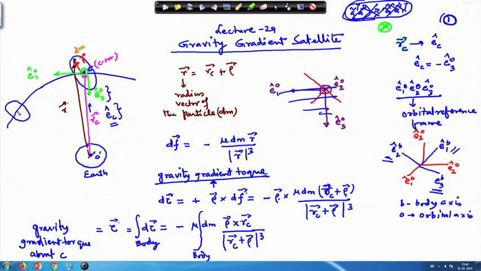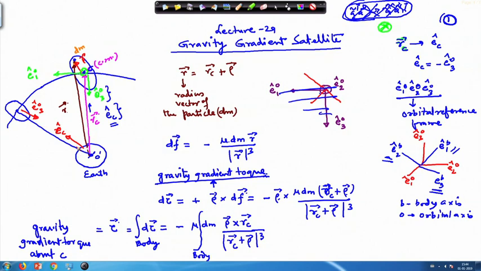Okay. So, this is the center of mass, and at that time the direction of the E cap O3 will be like this, while the R c vector will be directed like this. So, this will be your E c cap direction. They are opposite to each other and they are of unit magnitude.